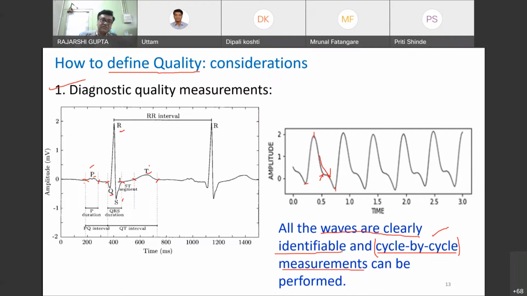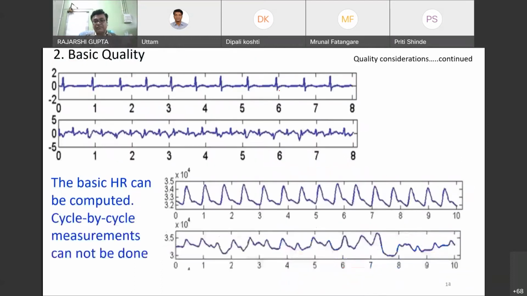So the first quality level that I discussed is diagnostic quality. Then comes the second, to some extent degraded or lower quality, which is called basic quality. Here, this is the reference signal, and this is the quality we define as basic quality. Basic quality means you can take some basic measurements.